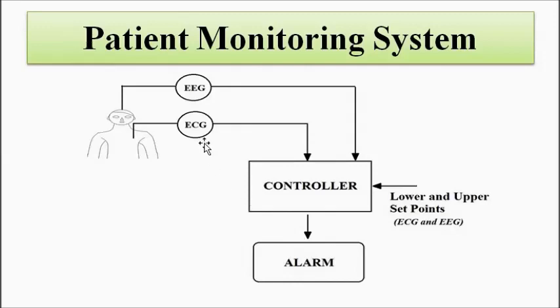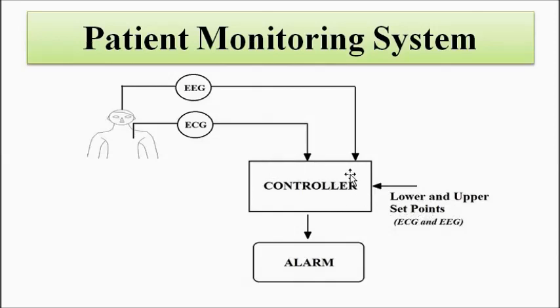So here the ECG and EEG electrodes, which are used for measuring these signals, are the sensor, and the output, the variable which we want to control, is to generate the alarm when the ECG or EEG signal crosses the safe level, the normal level, which is defined by the lower and upper set points to the controller.